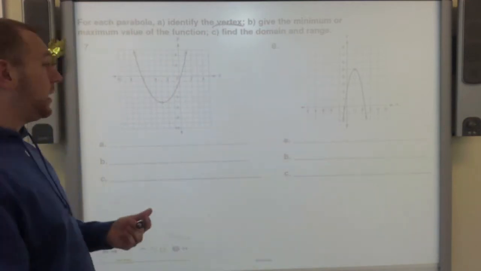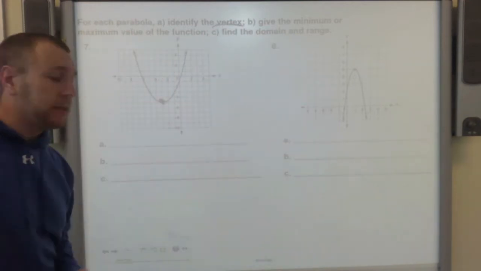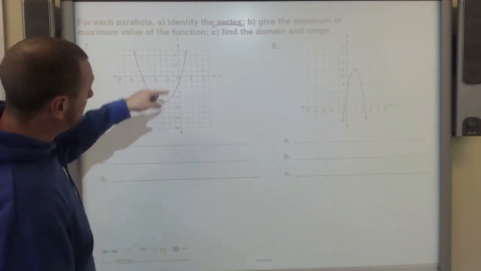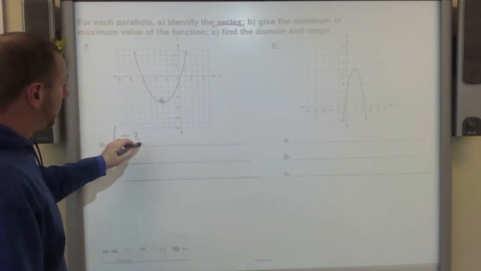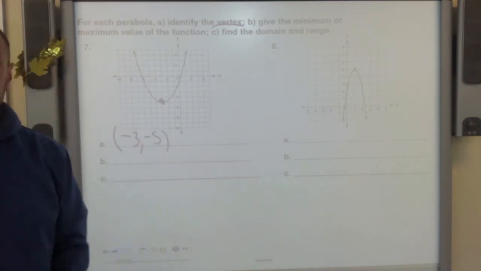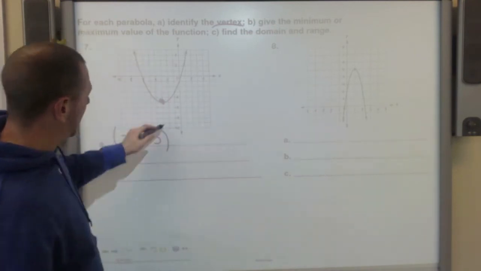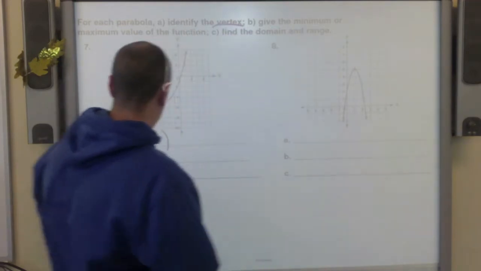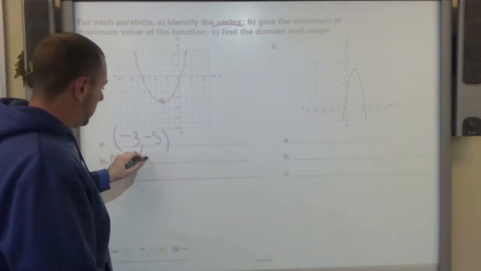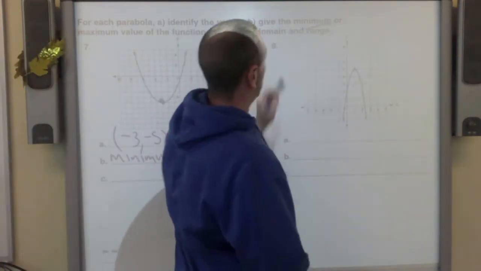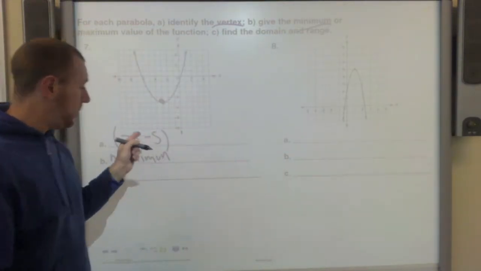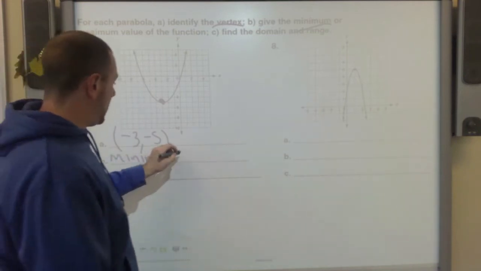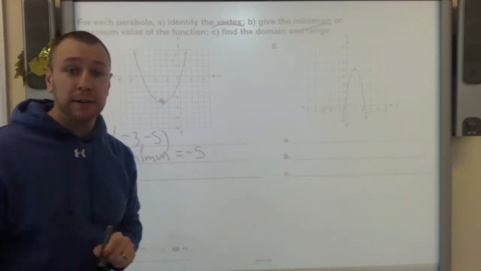So that's part A. The vertex is at that point right in the middle where it starts changing. So that point is going to be negative 3, negative 5. Because it's opening up, we have a minimum value, and that value is the y coordinate of the vertex, so that minimum is negative 5.